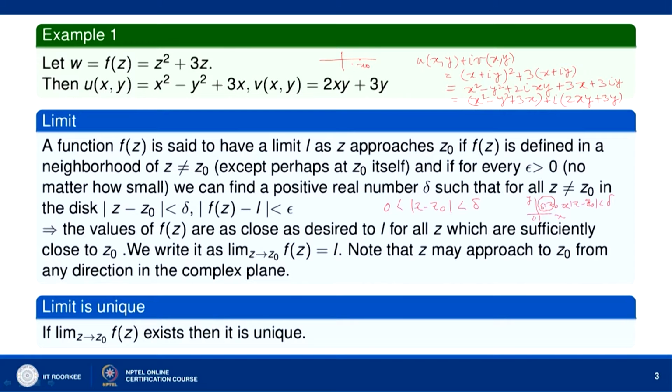When we say that x approaches x naught, then either we approach x naught from left or from right, but in the case of complex, z naught lies in the plane. So, z can approach z naught from any direction. This has to be kept in mind while taking the limit. Now, the limit of f(z) as z tends to z naught, if it exists, is unique.